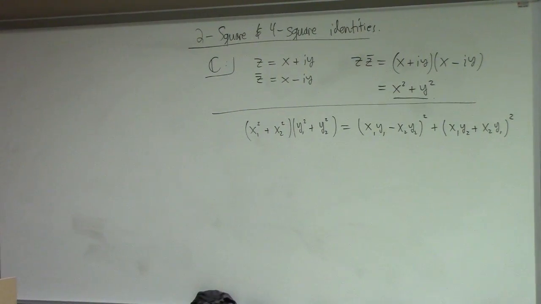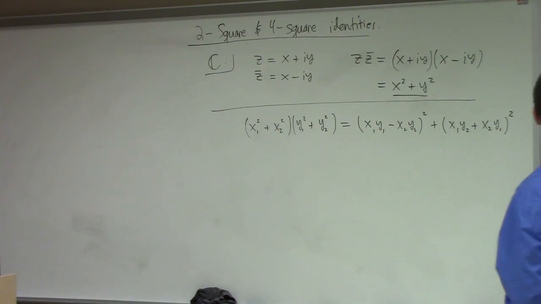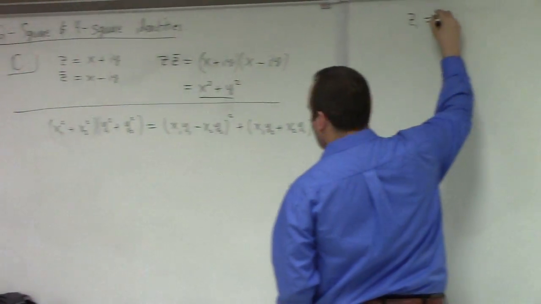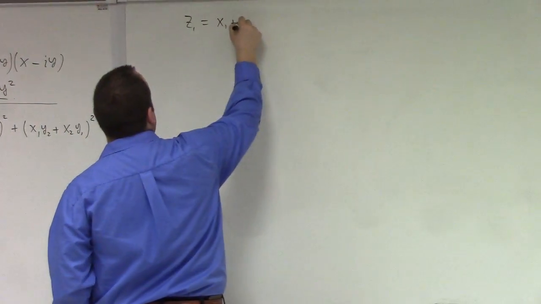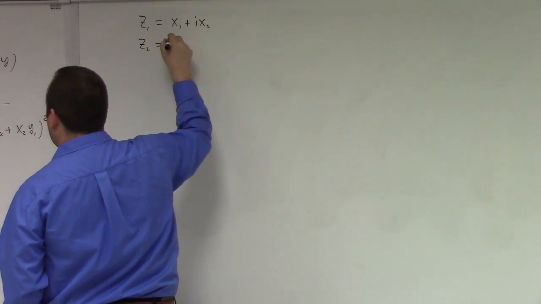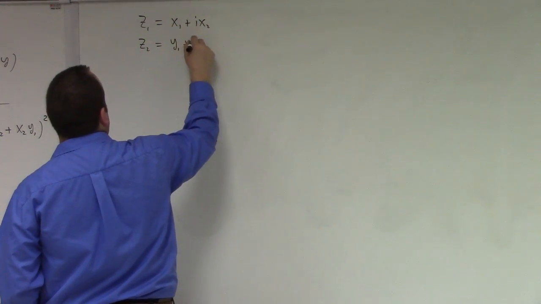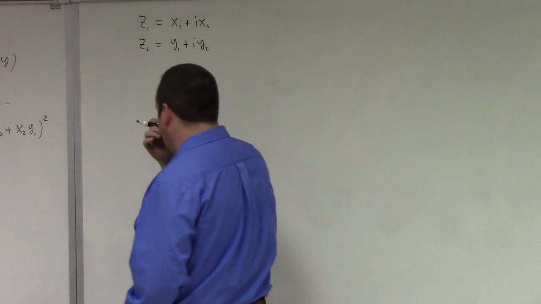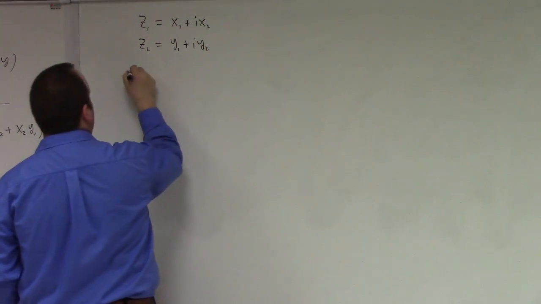Let's see here. What if we let z1 equal x1 plus ix2, and if we let z2 equal y1 plus iy2? What's z1 times z2?